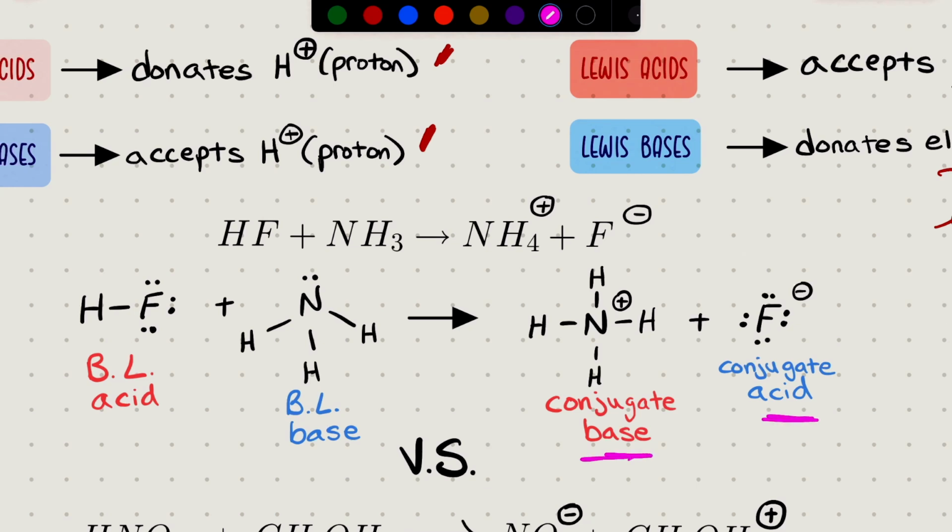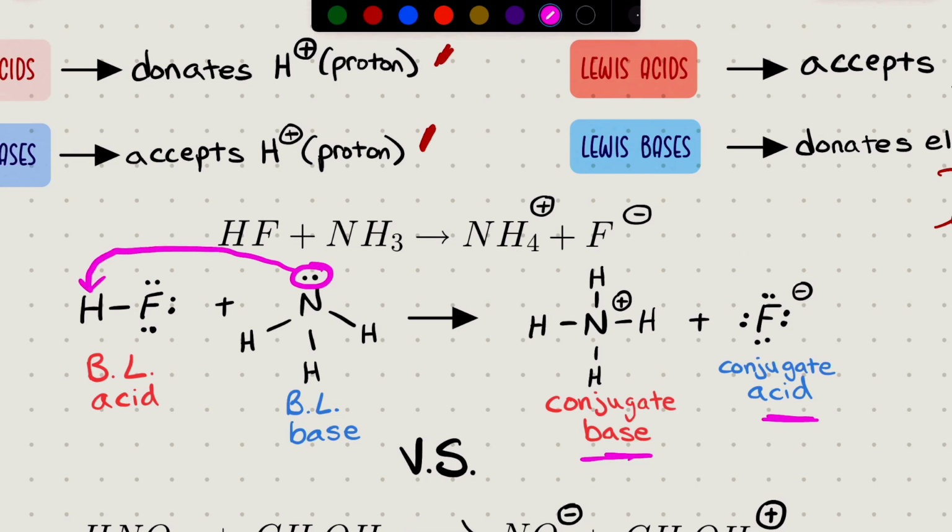So, how did we end up getting this conjugate base and this conjugate acid over here? Well, yes, a proton was taken away and it was added to this nitrogen, right? But now I'm going to demonstrate how that happened. The lone pair on this ammonia, which is sp3, but it has a lone pair, so it's not tetrahedral, it's trigonal pyramidal, is coming over here, and it is going to be taking this hydrogen away.